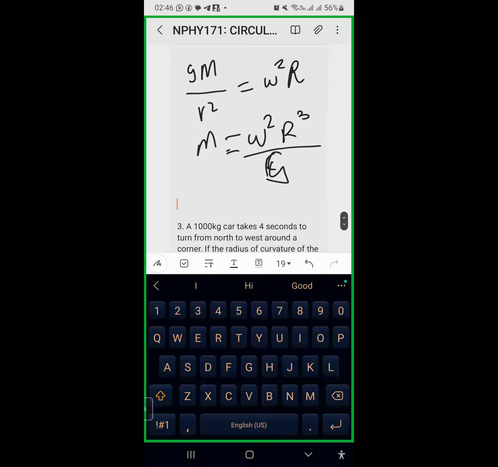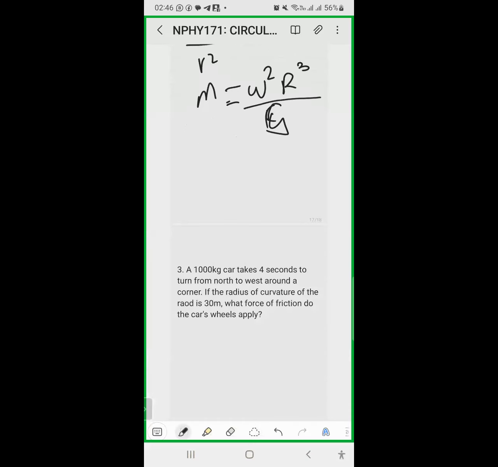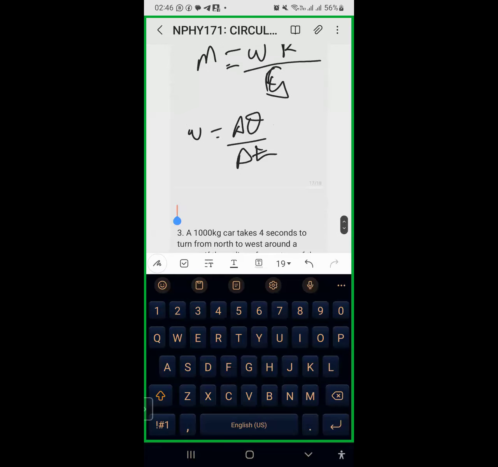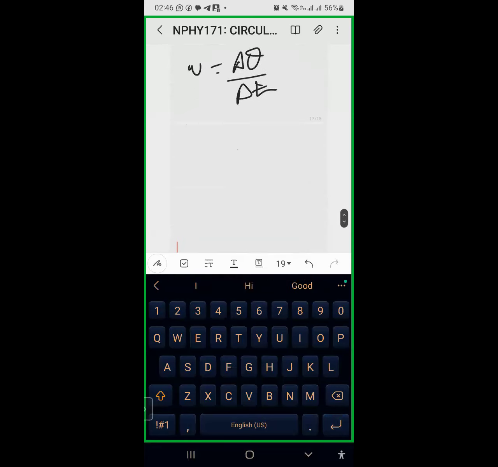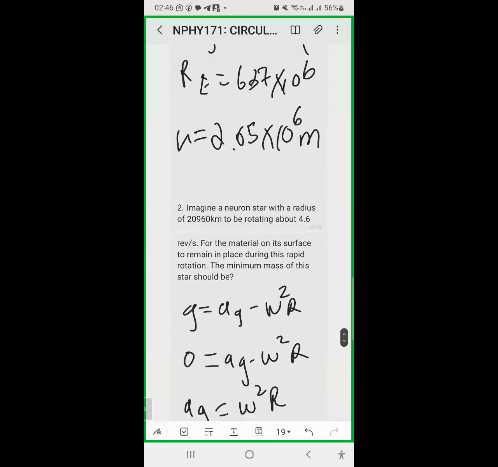So we don't have omega, the angular speed, and we know that omega is given by the change in angular displacement over the change in time. Okay, so let's go back to the question. The question says, imagine a neutron star with a radius of 20,960 kilometers rotating about 4.6 revolutions per second.